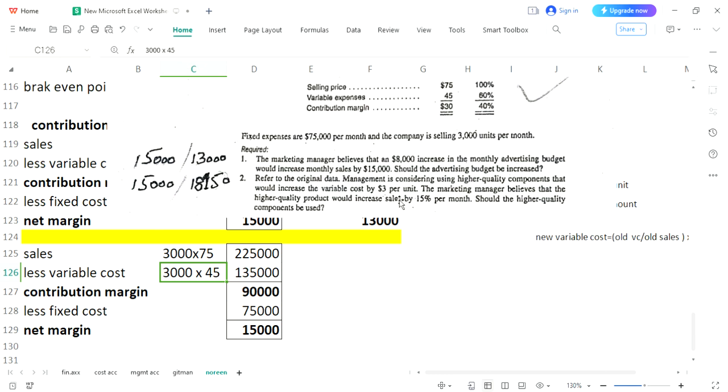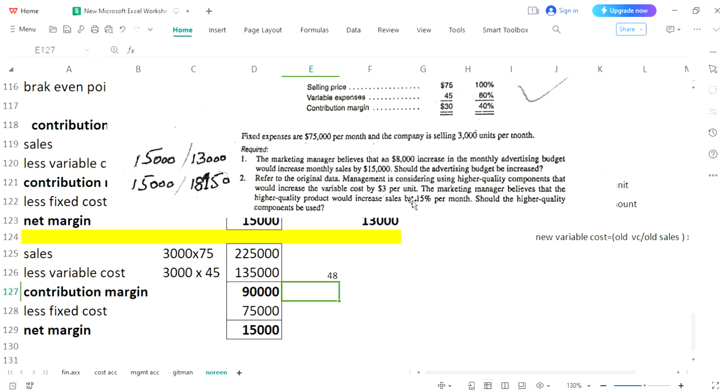In the second part, you need to increase it by 3. When variable cost is increased by 3, 45 plus 3 becomes 48. We will choose this column. We have just noted it down.